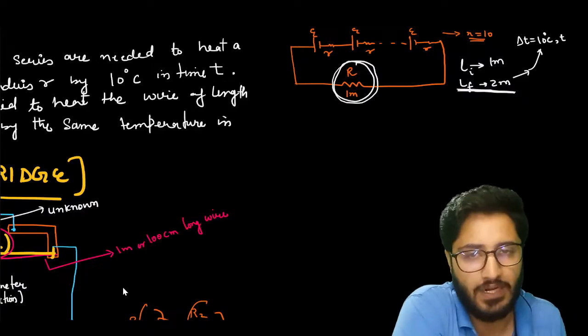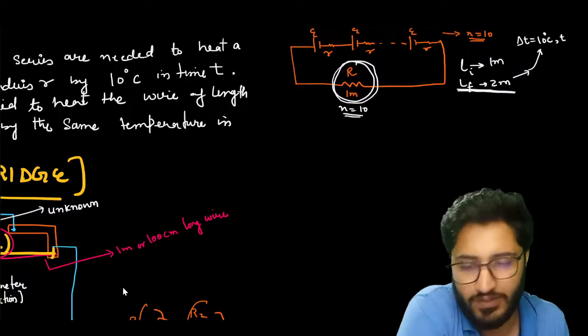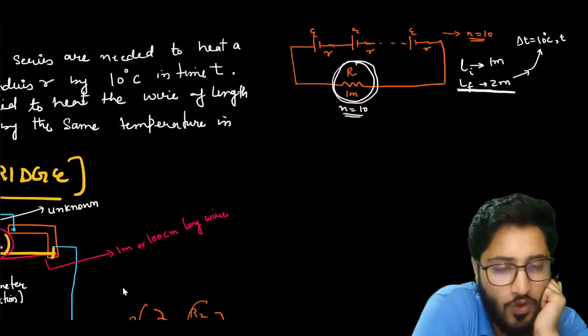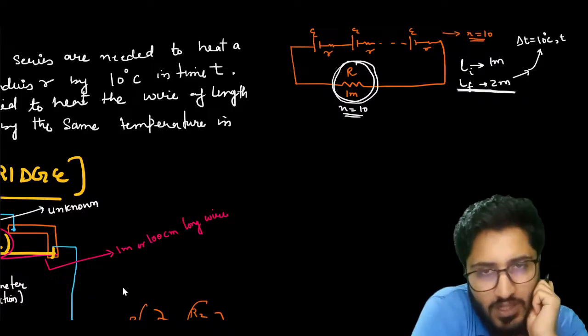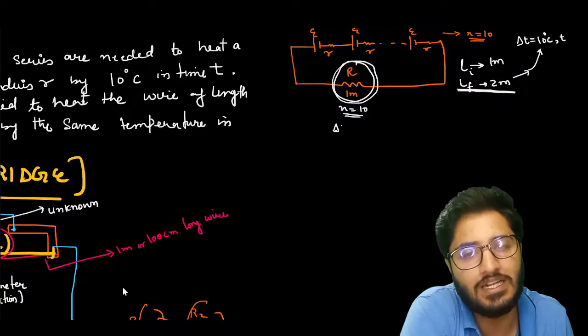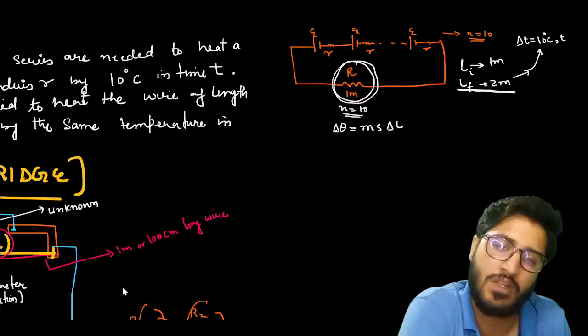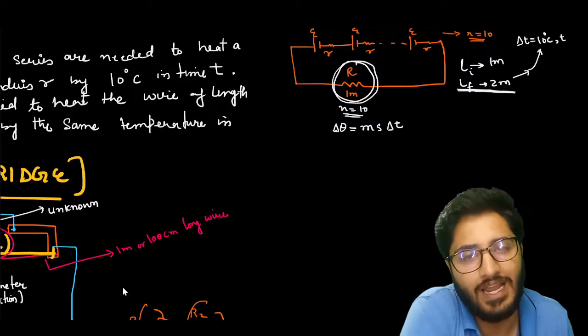For this first part where N is 10, heat is involved. You can see now, heat is involved. Yes, sir, heat is involved. So I guess from 11th standard, you know one equation, heat change delta theta equals ms delta T. You will write it for the first one, right?